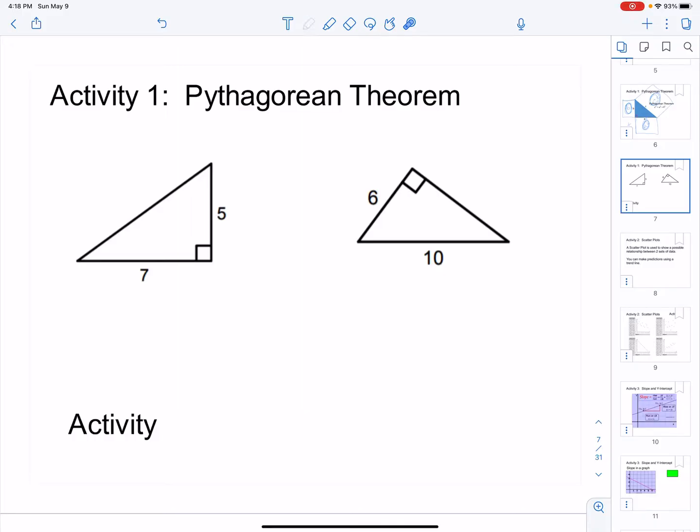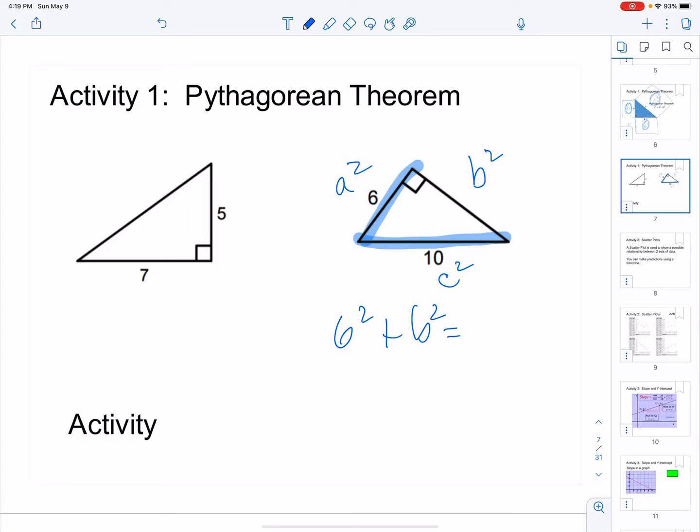Now if you have one like this where we're given one leg and we're given the hypotenuse, we need to remember that this is our A, so we'd square it. The missing one is our B, and the 10 is our C. I've had several of you trying to do this one incorrectly, so we got to remember that it's going to be 6 squared plus b squared is equal to, in this case, 10 squared.